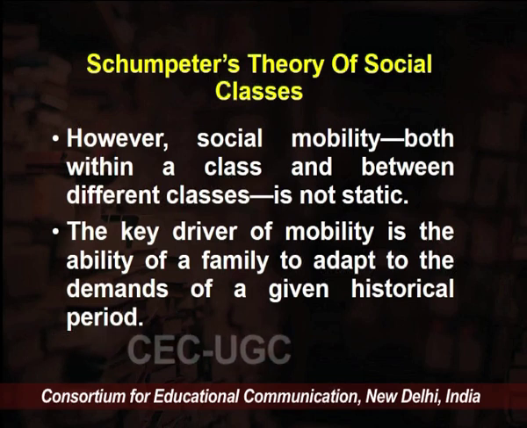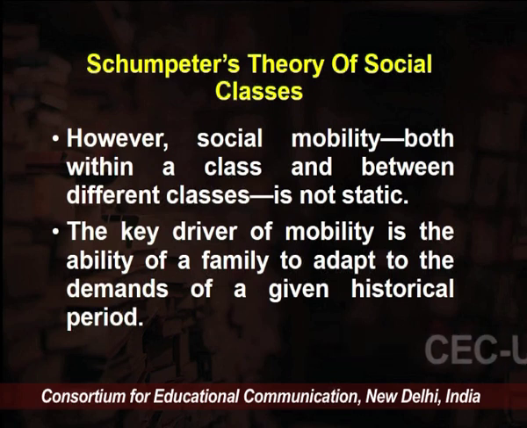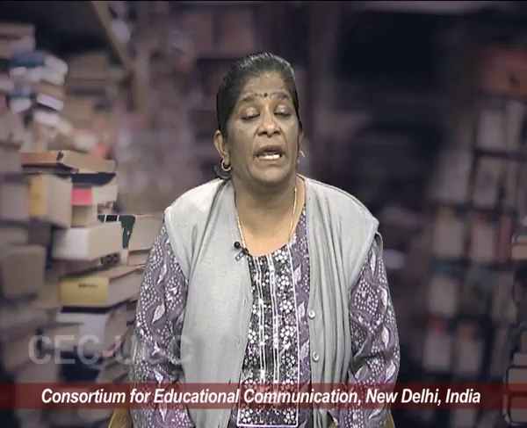The key driver of mobility is the ability of a family to adapt to the demands of a given historical period. In other words, families that can adjust to shifting economic, technological, and social conditions and exhibit leadership qualities have a better chance of maintaining or improving their class position.